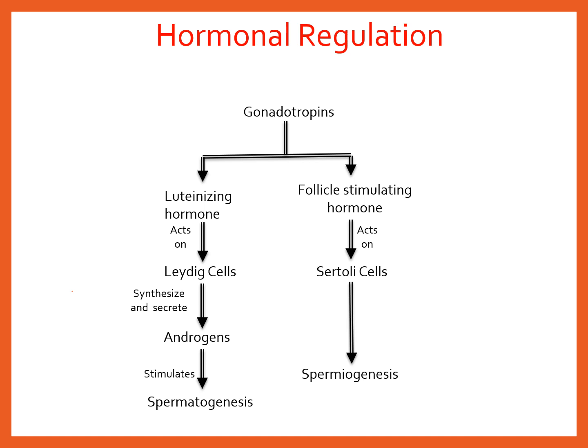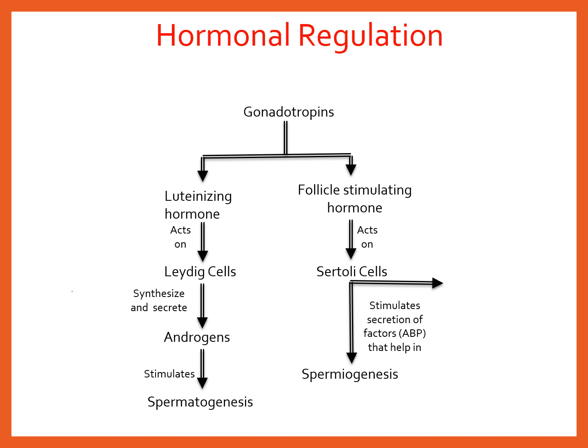How is the level of testosterone maintained within the body? So we have understood the hormonal regulation where the gonadotropins are released from the anterior pituitary. Those are the luteinizing hormone and follicle stimulating hormone. The luteinizing hormone will act on Leydig cells to synthesize the androgen, which is testosterone. And here the follicle stimulating hormone acts on the Sertoli cells, which helps in spermiogenesis.